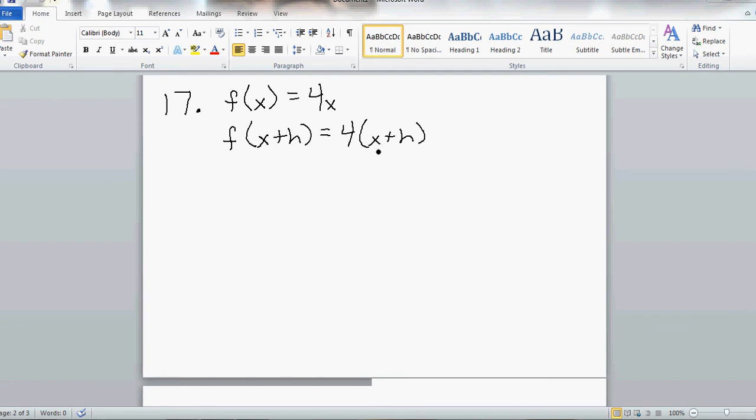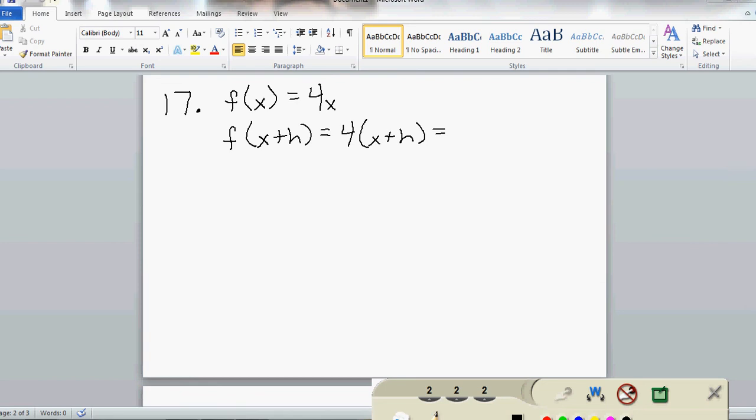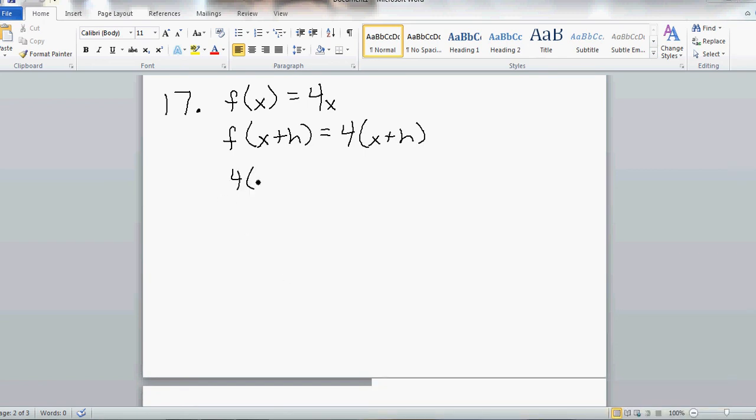So now the difference quotient, according to the directions, is f of x plus h minus f of x all over h. Do not carry that out, at least not right now. So it will be 4 times x plus h minus 4x all over h.